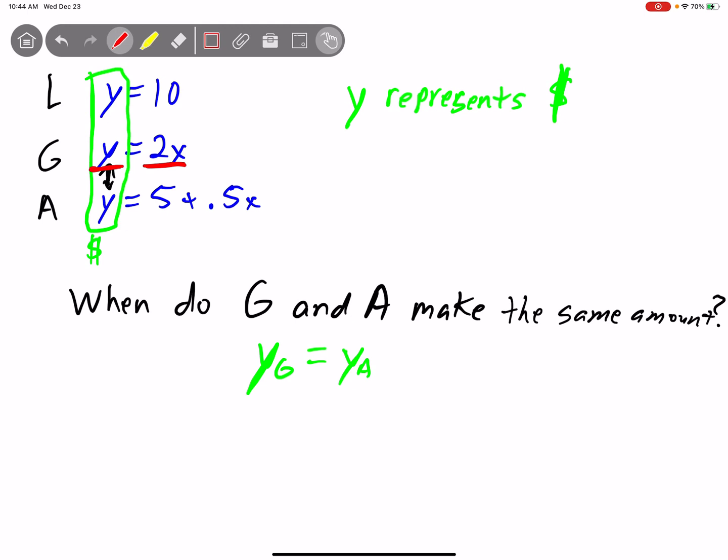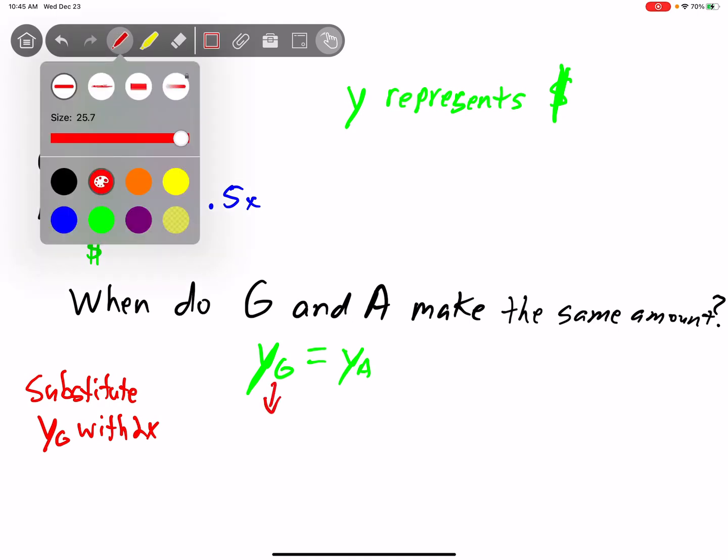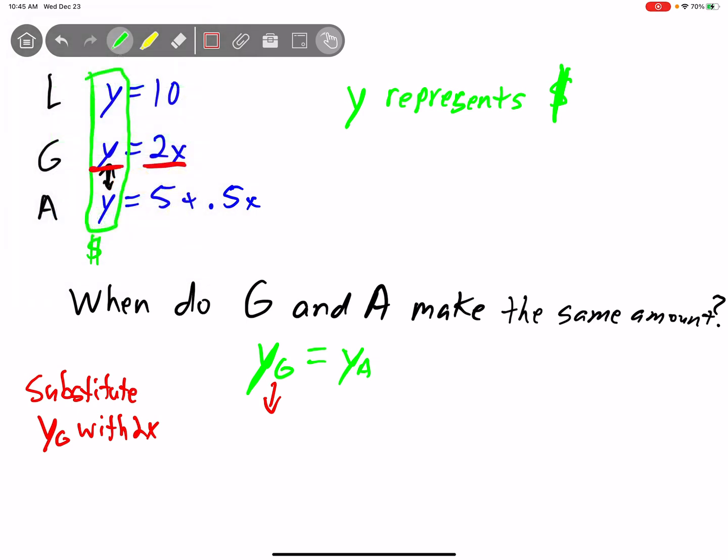So I'm going to substitute Gilberto's Y with 2x because they're the same thing. Okay, they're the same thing, so I can substitute. It's like when I tell you that x equals 4, you can replace x with 4. Well, here y equals 2x, so I'm going to replace y with 2x.